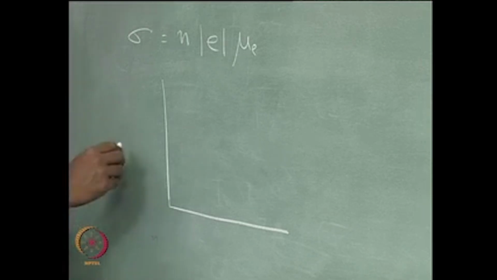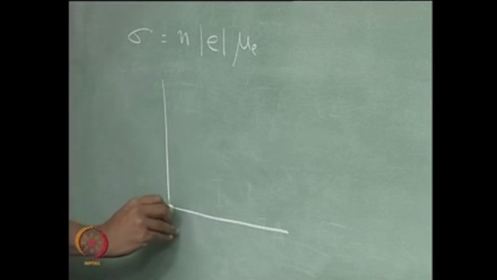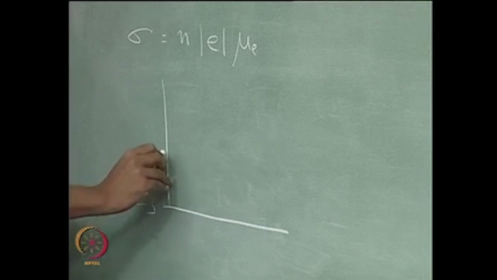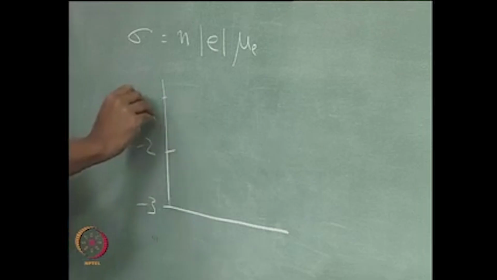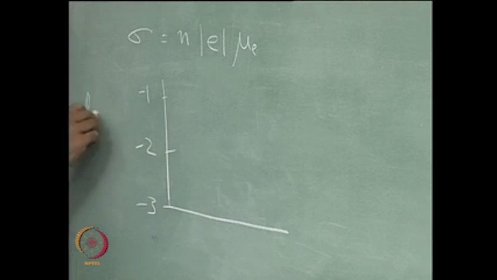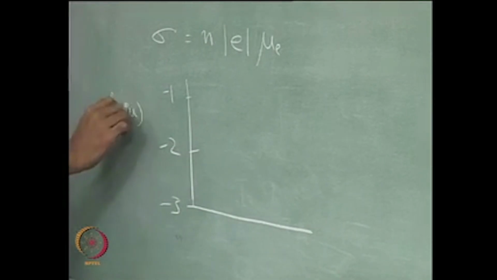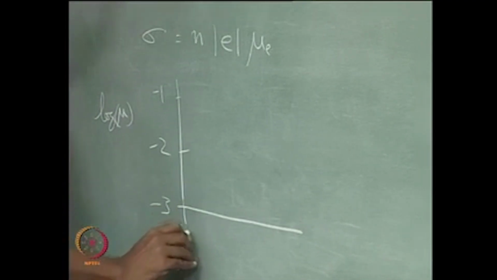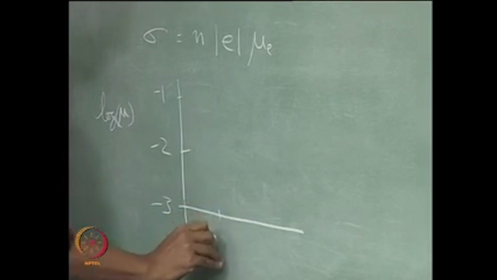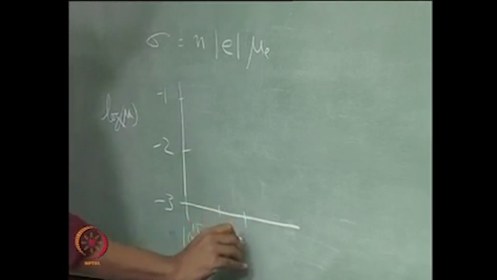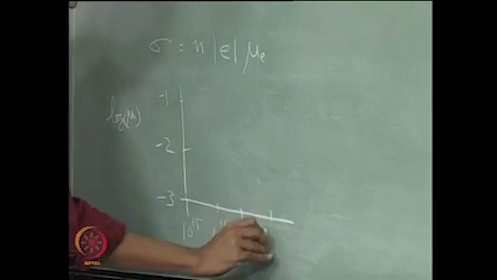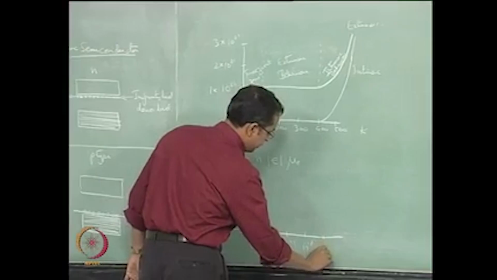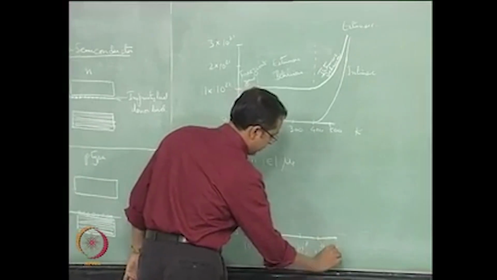So if you see, in general what you will see is, let us say this is in a log scale, this is -3, -2, -1, log of mu, okay, and this is the impurity concentration 10 power 15, 10 power 16, 10 power 17, 10 power 18, we just put something down, 10 power 19, 10 power 20.